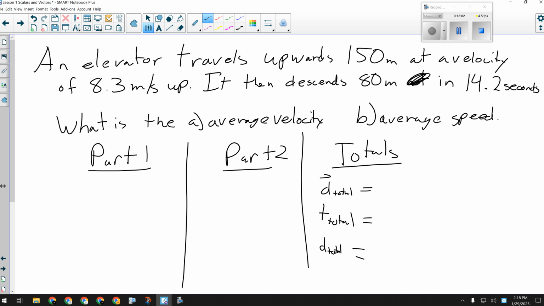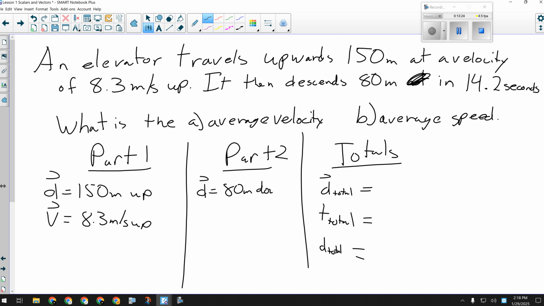What I have is the displacement in part one, 150 meters up, and the velocity in part one, 8.3 meters per second up. And then in part two, I've got the displacement, 80 meters down, and the time, 14.2 seconds.